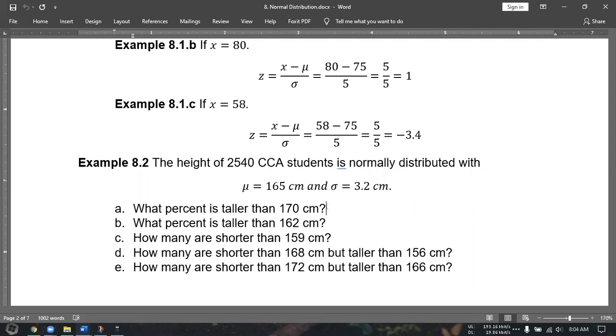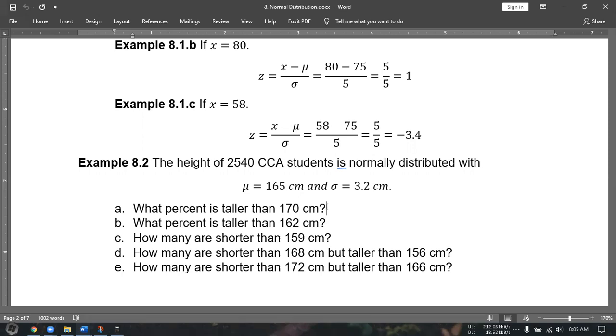And since, based on our definition, we'll be relating this problem to the area of the normal curve, you have to shade the unknown region. For example, letter A, we need taller than 170.